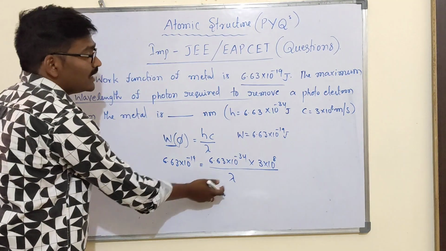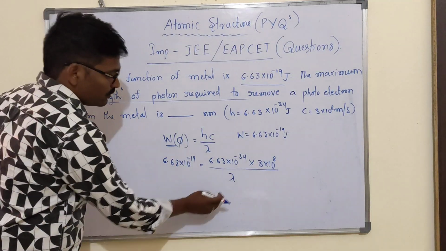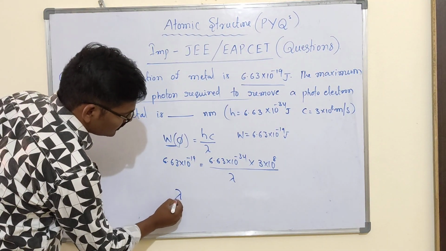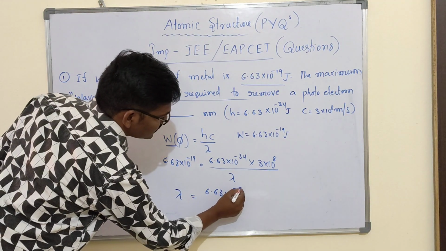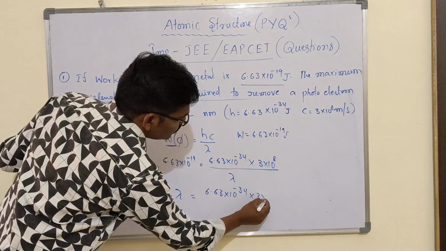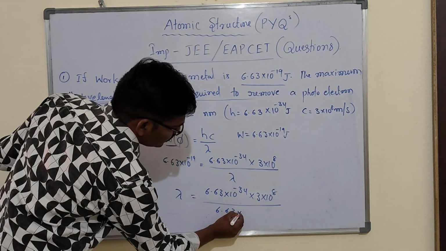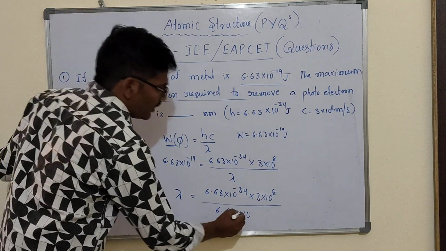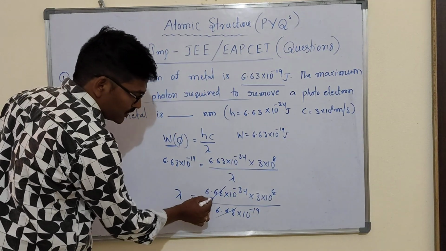So we have to calculate the wavelength. They are asking to find the wavelength. So wavelength equals 6.63 into 10 to the power of minus 34 into 3 into 10 to the power of 8 divided by 6.63 into 10 to the power of minus 19, right? So 6.63 and 6.63 cancel.